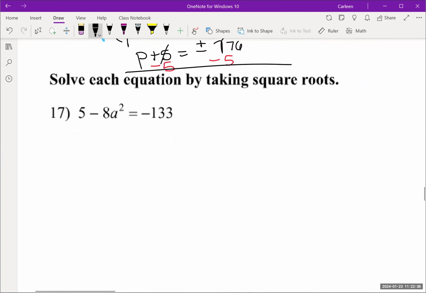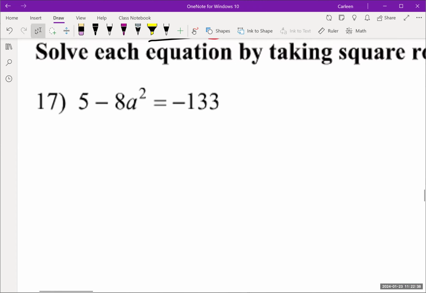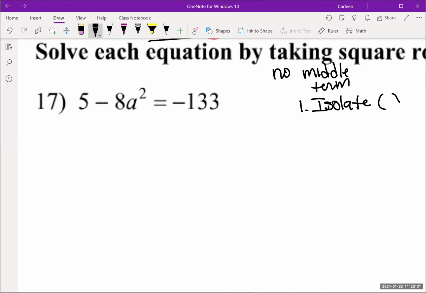Okay, solve by completing the square. Solve by taking square roots. This is a shortcut because there is no middle term. There's not an x term right here, right? So I'm going to isolate the squared term.